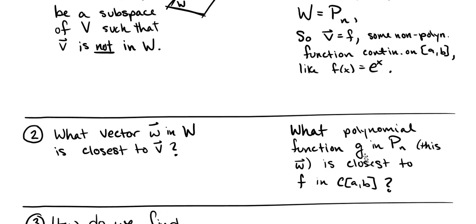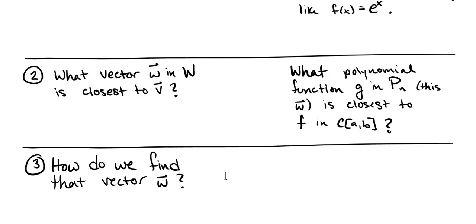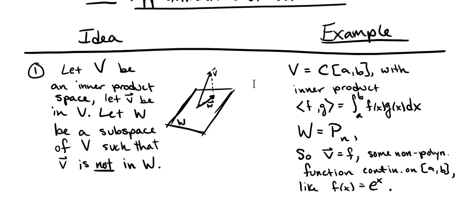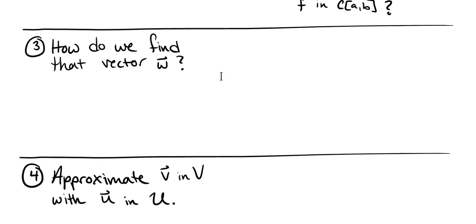So what polynomial function g in Pn, this is like our W vector over here in the subspace, is closest to this f that sits outside the subspace but in C[a, b]? Well, how do we find that? That's what I described up here. It looks like all we would need to do is project V onto that subspace W.